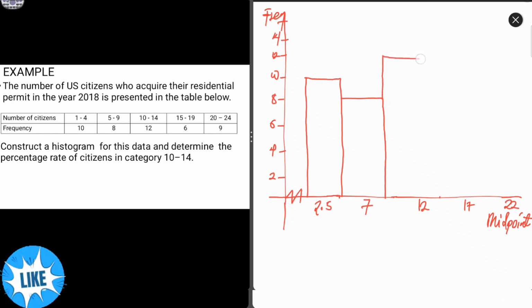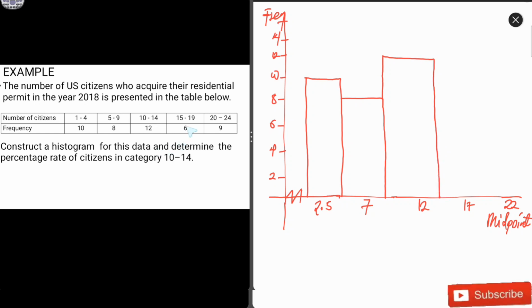And then have our midpoint indicated here to represent the 12. Is that okay? And then we move on to the midpoint of 17, which has a frequency of 6. So that one, pick it from here. All right, and then we have it represented as such.